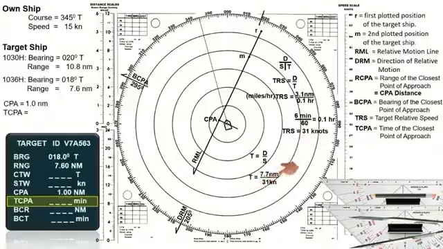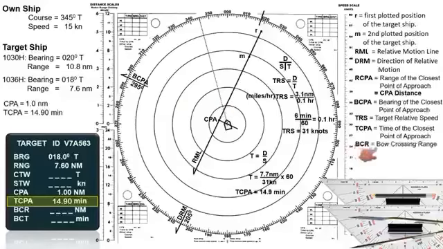Since the distance is in miles, and the speed is in miles per hour, the answer is in hours. To convert into minutes of time, we will multiply it by 60. The time of the closest point of approach is 14.9 minutes. It means that it takes 14.9 minutes, from point M to CPA.